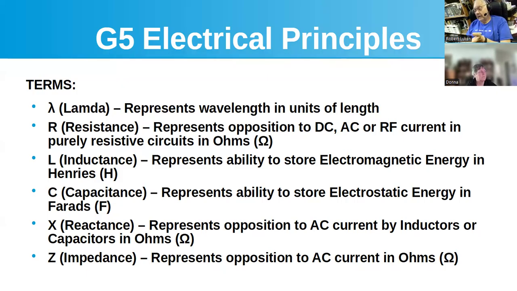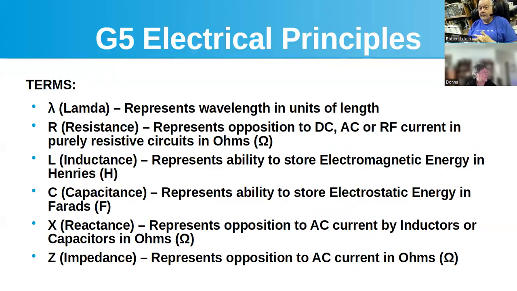And when we get to talking about resonance, when you have an inductor and capacitor in resonance, they're storing equivalent amounts of energy, and the energy just gets moved back and forth between the magnetic field and the electrostatic field. And that's resonance or oscillation.